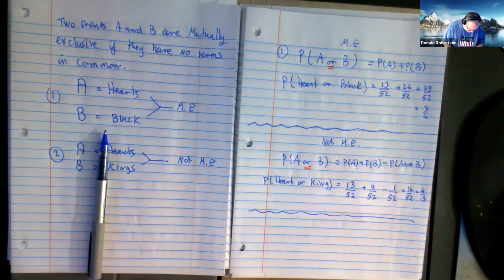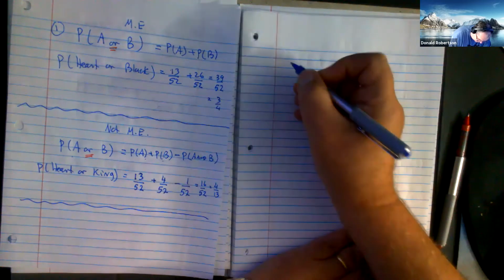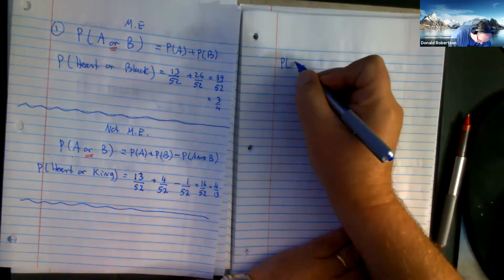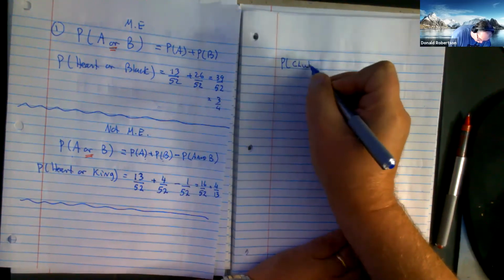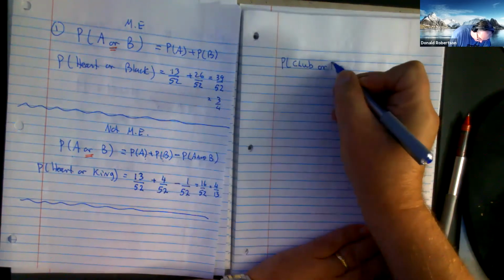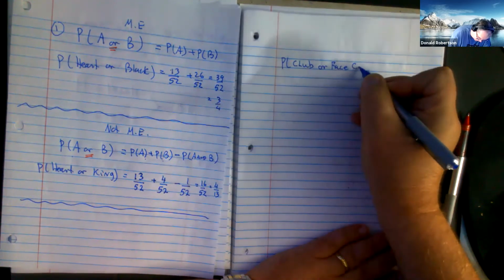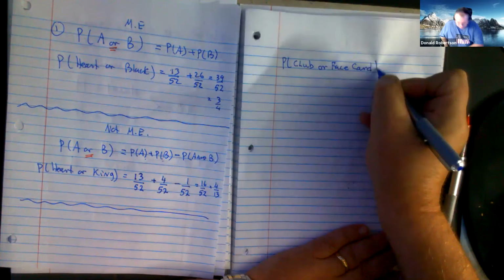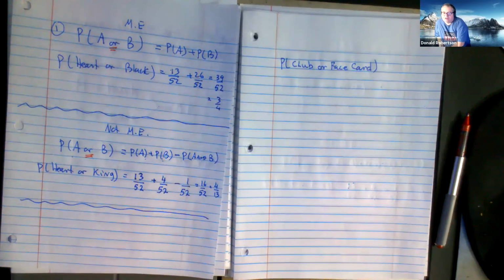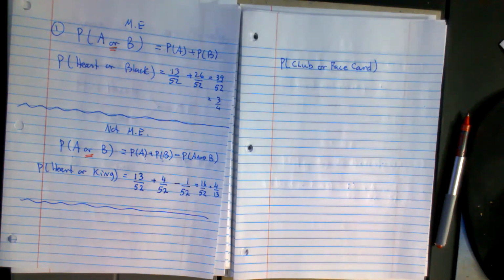So let me try another one with a little bit more in it. That's the probability that you get a club or a face card. First thing we're going to have to decide here, are clubs and face cards mutually exclusive events? No. Agreed.